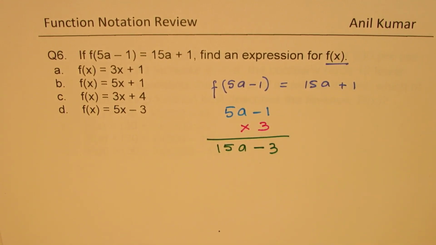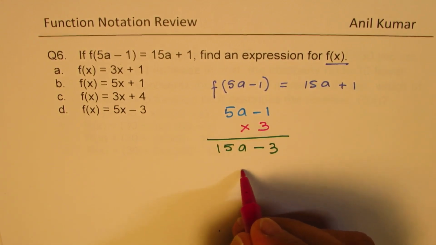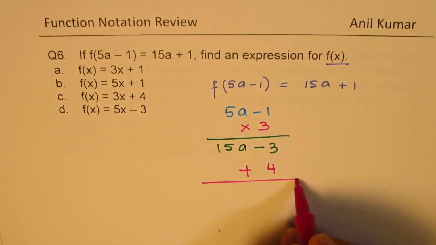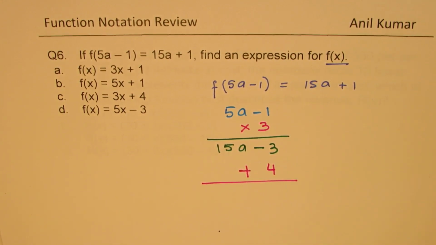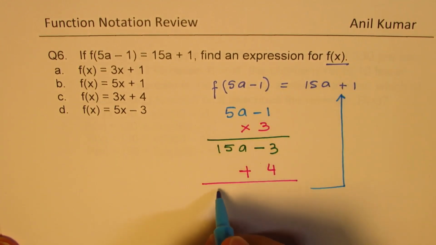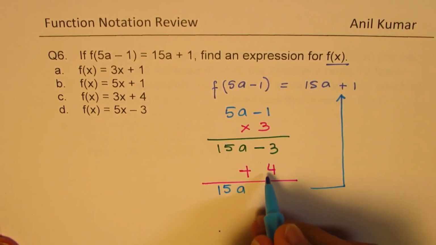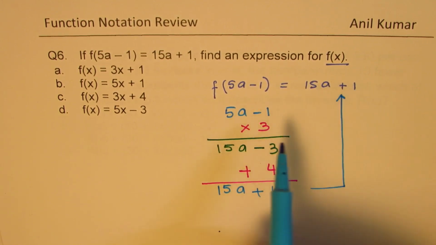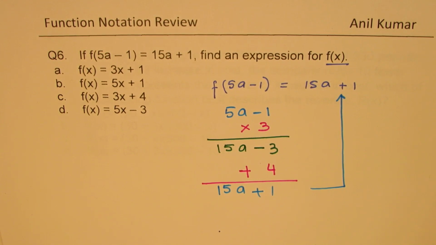So how do we get 15a plus 1? Well, we could get plus 1 if I add 4 to it, right? So if I add 4 to it, then what do I get? I do get 15a plus 1. So minus 3 plus 4. So the operation performed is these two operations. Do you see that?